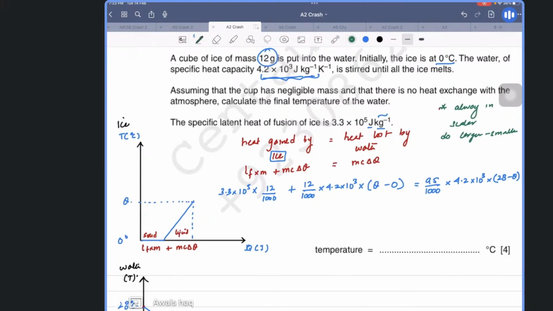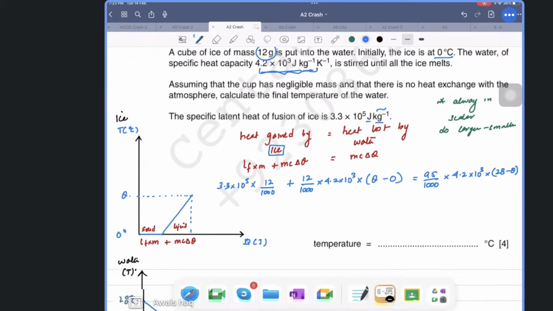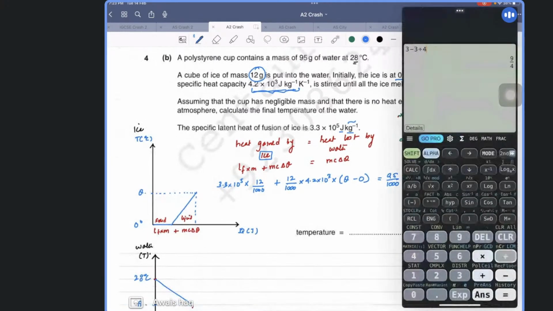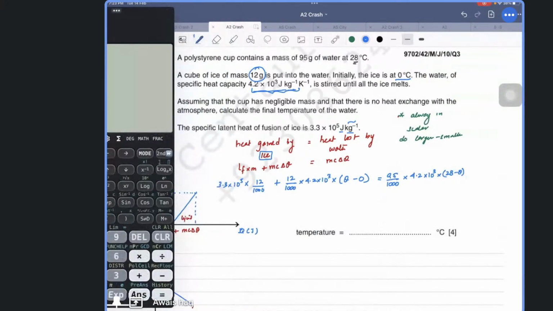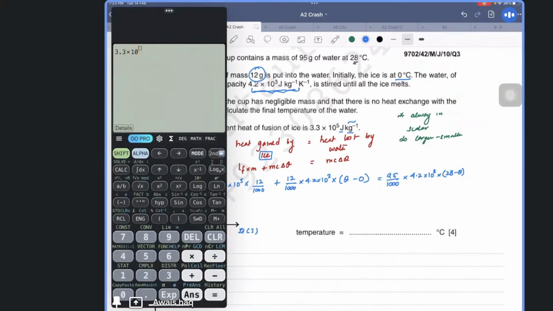Now from this point onwards, we're going to solve this section. This is 3.3 times 10 to the power 5, multiplied by 0.012, so this is 3960, plus 0.012 times 4.2 times 10 to the power 3, and the 0 doesn't really matter.